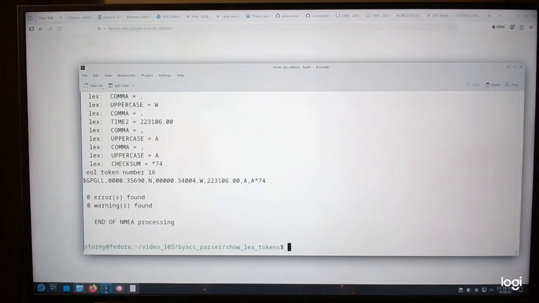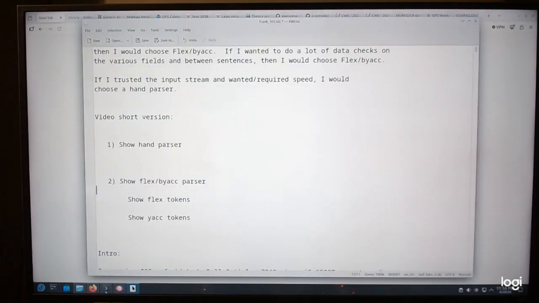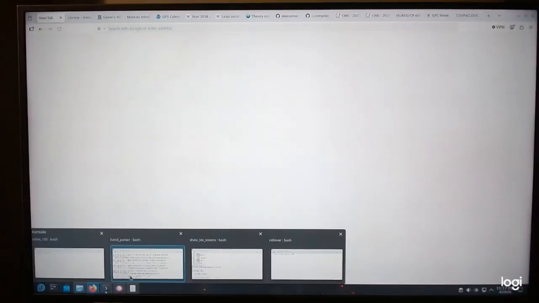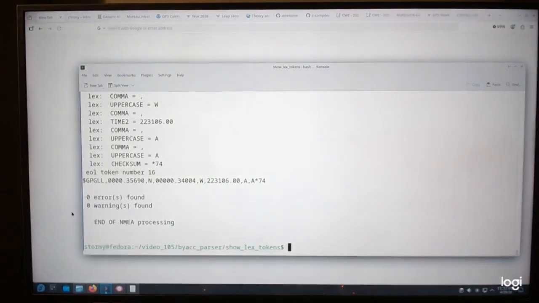Now let me back up just a hair. I'm at the lexer. Let me see where I am on my notes. The tokens. I'm looking at tokens right here. So the lexer is looking at that input stream.